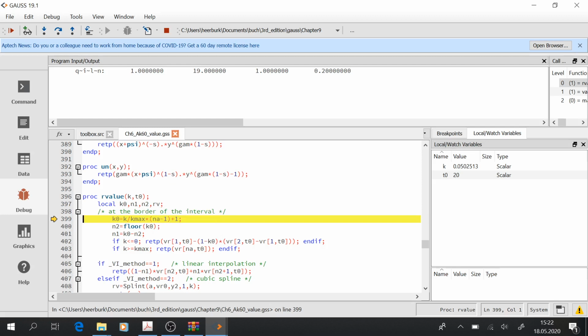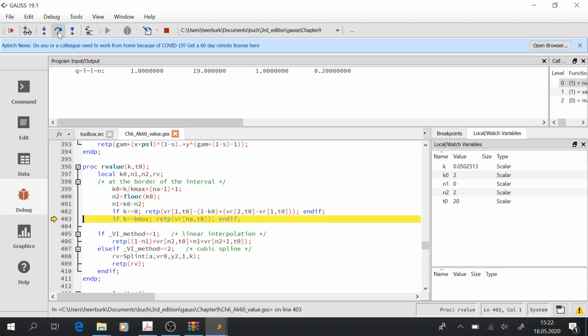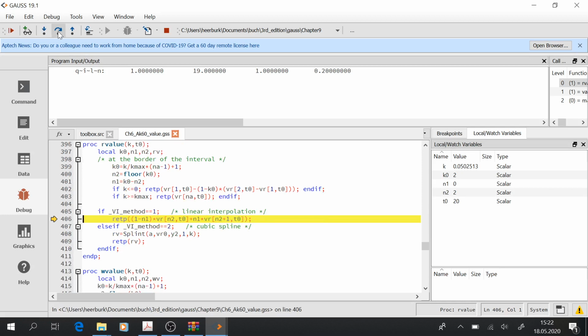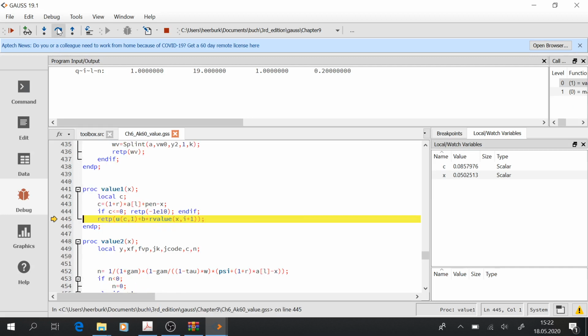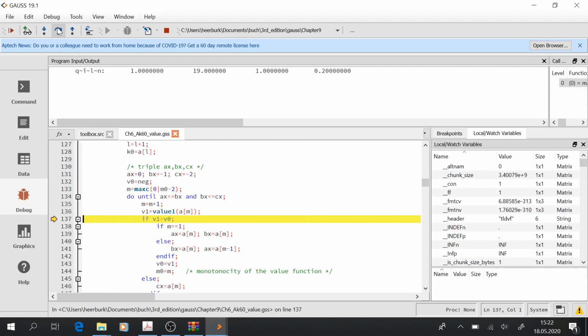And here you just find the code for linear interpolation. So that's not really something fancy. Here you have the linear interpolation of our function. Okay, and this provides you with the value v1.